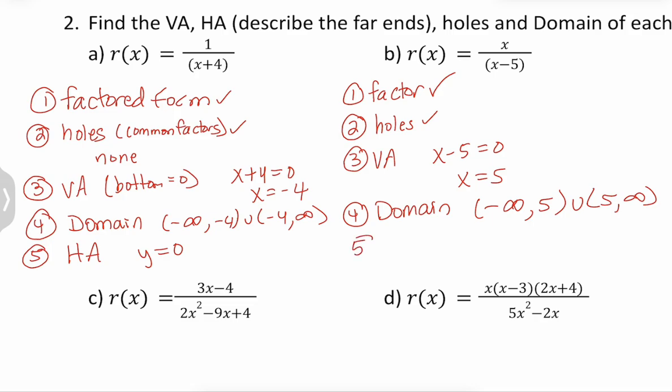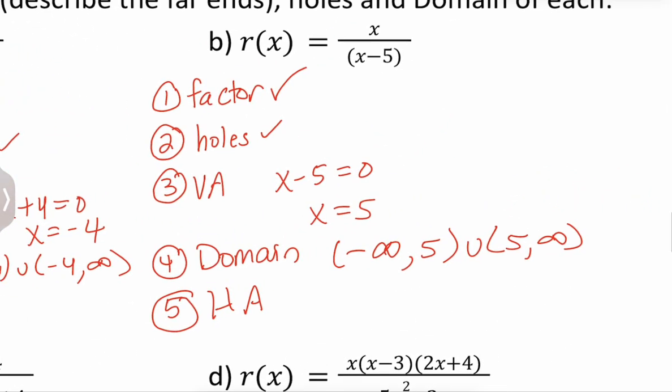Now, for the very first time, our horizontal asymptote is different. If we look at the top of this fraction, the lead term on the top is x. The lead term on the bottom is x. When they match, we pull out the coefficients of those terms, and that's what the ends head toward.